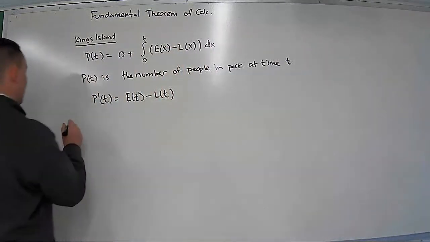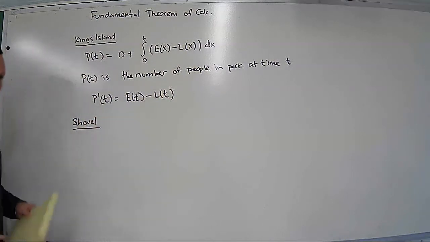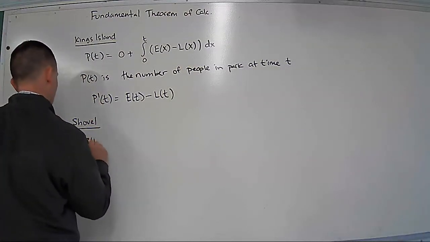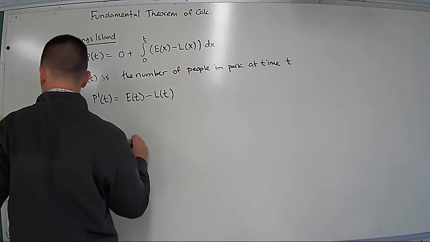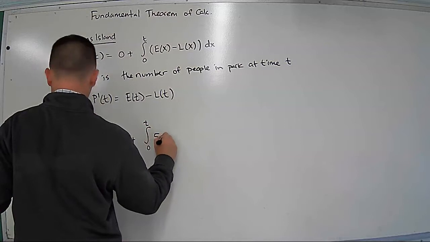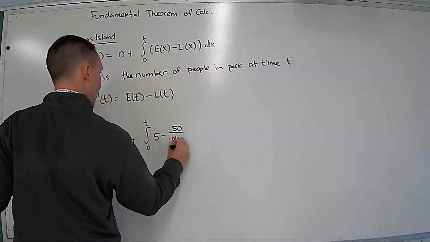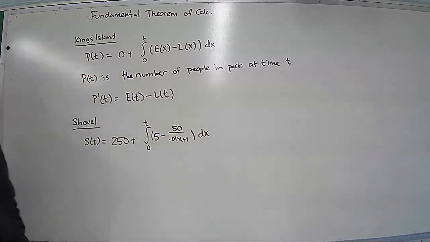And then lastly, the next one that we talked about, the shovel problem or the snow problem. We already talked about this, but just to tie it together, here's this function, 250 plus the integral from 0 to t of 5 minus 50 over 0.01x plus 1 dx. And what does this represent?